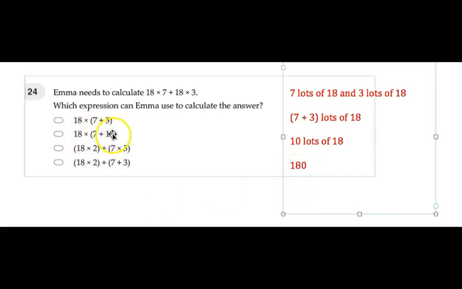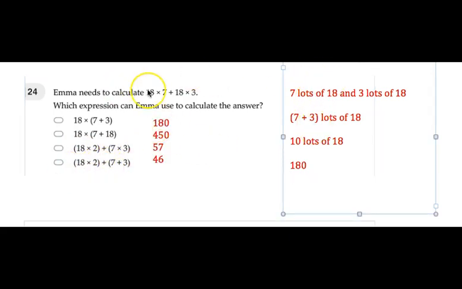This other expression here, 18 times 7 plus 18, will not give you 180. Neither will this expression down here, nor the last one. You can just put these in the calculator and see which expression gives you 180, and the first expression does.